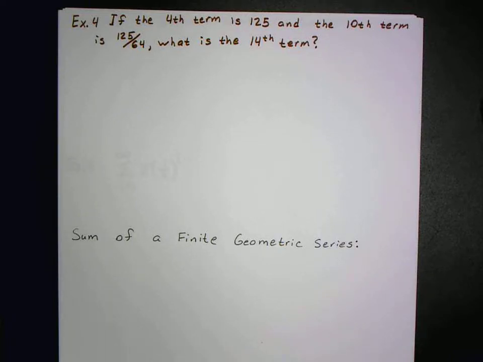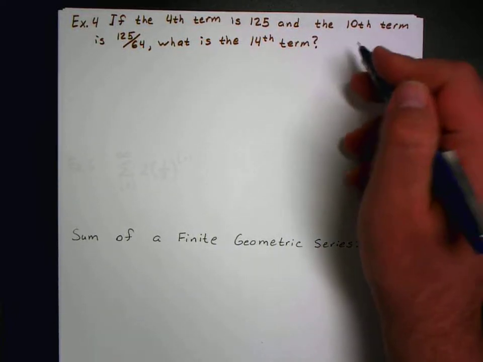Okay, so if the fourth term is 125 and the 10th term is 125 over 64, what is the 14th term? So this is kind of like the one we did yesterday with the arithmetic sequence.